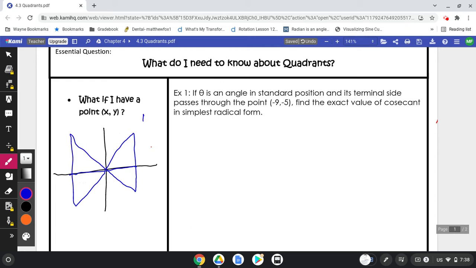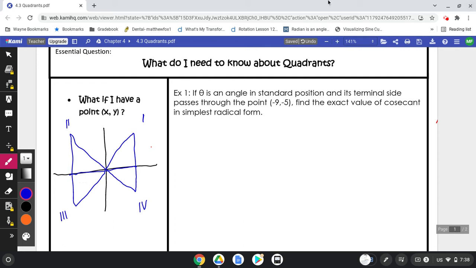Just remember this is quadrant 1, quadrant 2. We usually mark them in Roman numerals, quadrant 3, and quadrant 4. And depending on if the x's and y's are positive, negative, one of each, will determine which quadrant we go to. Okay, so keep in mind, yesterday we also briefly mentioned that the hypotenuse will always be positive.